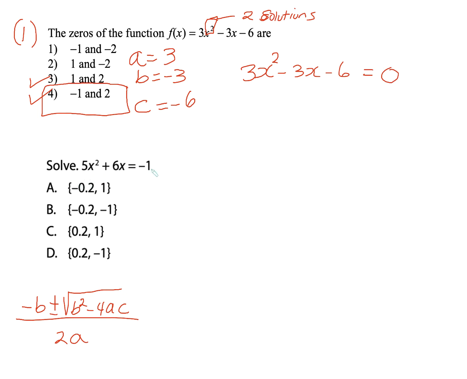Here, this is not set to 0. So what we have to do is move this -1 over here. If you have 5x squared plus 6x, and you're moving this -1 over to the left-hand side, when it crosses the equal sign, this negative is going to become a positive.